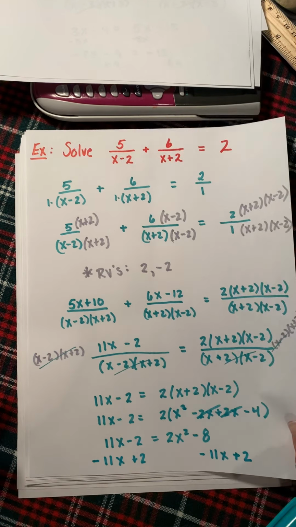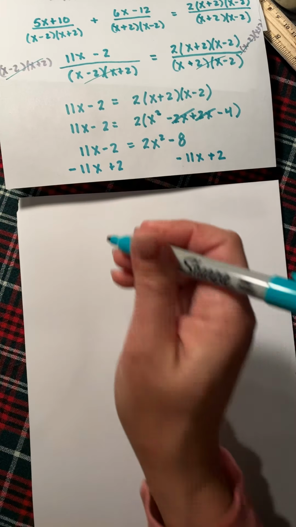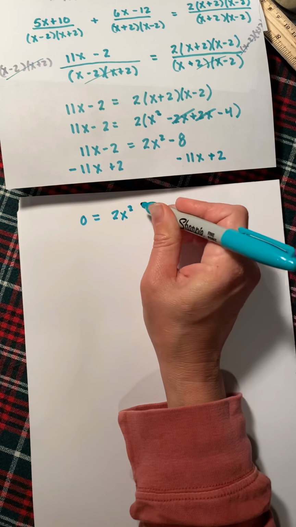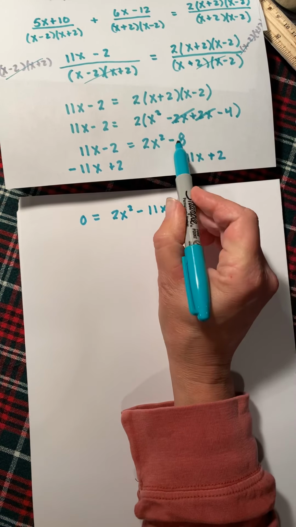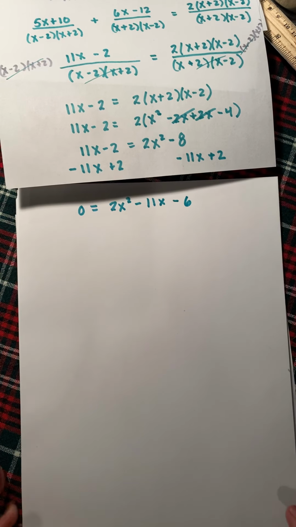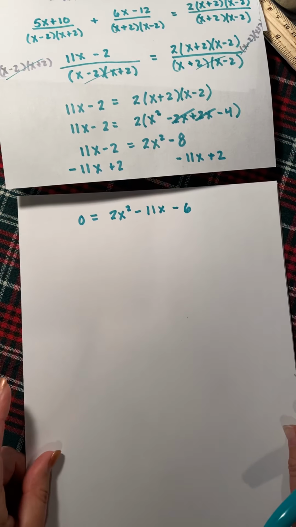And that gets me to 0 equals 2x squared. I'm going to put my minus 11x in the middle, and then negative 8 plus 2 is minus 6.